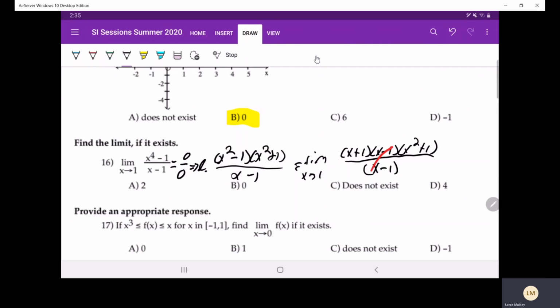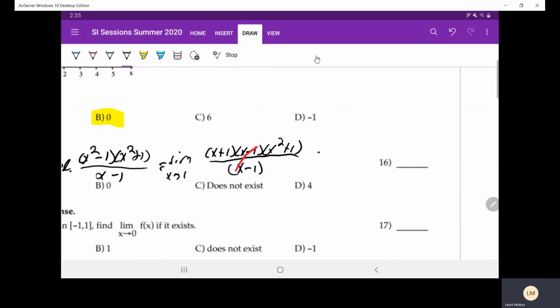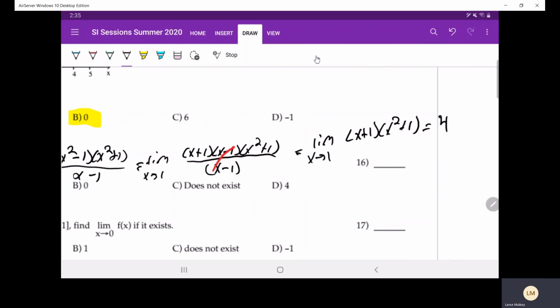Those drop. So if you plug in 1 right here, you get 2 plus 2 and it equals 4. Booyah.